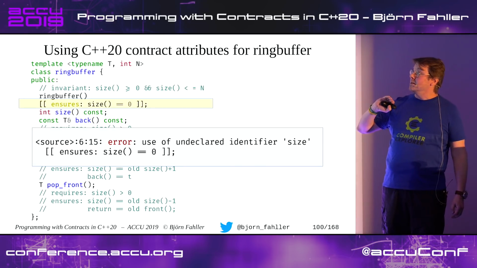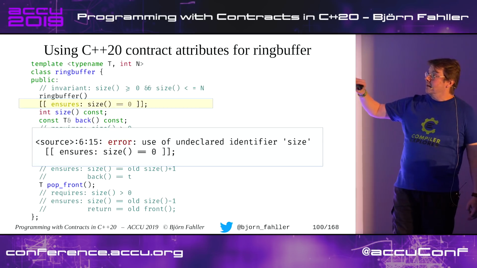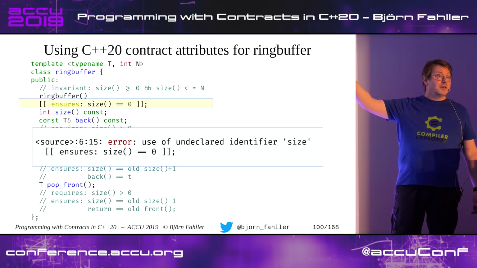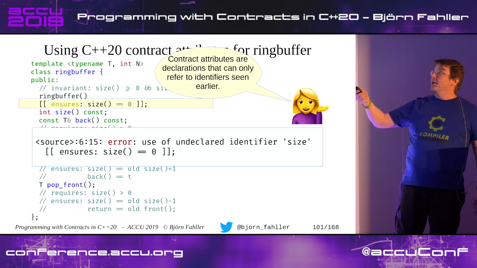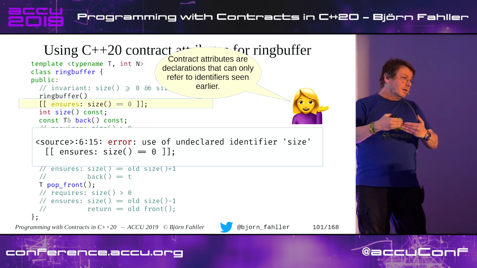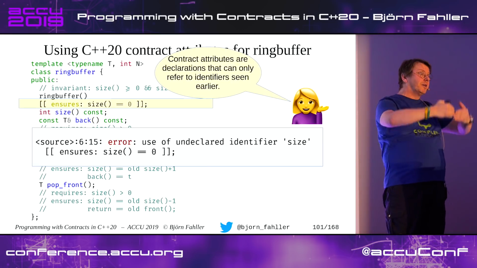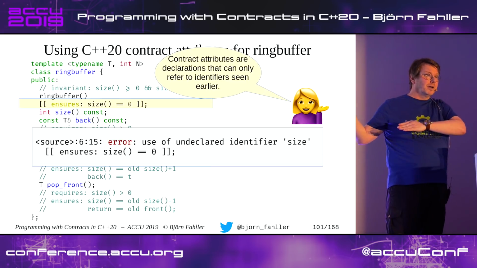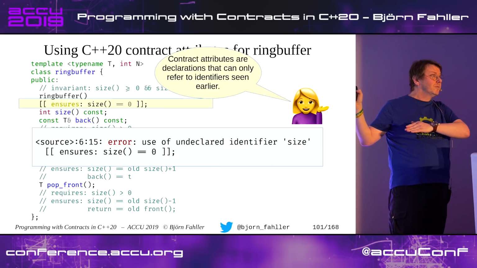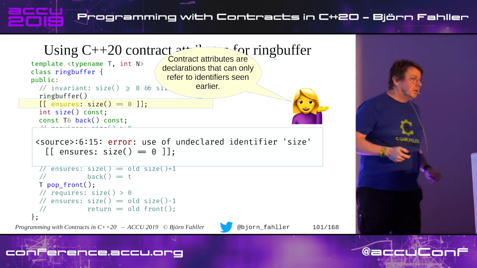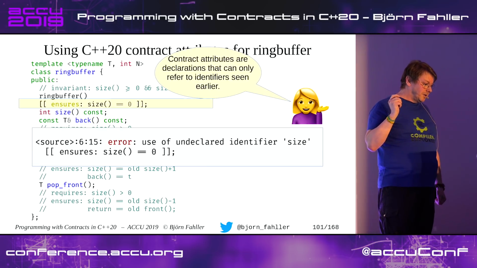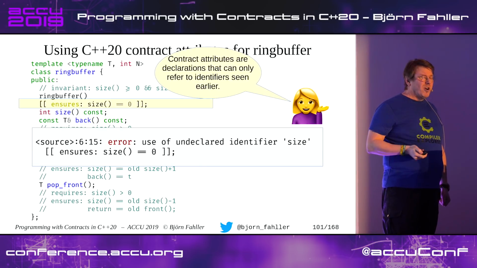And this compiler says that I cannot call size here because I haven't seen size yet. So contract attributes are declarations that can only refer to what has been seen earlier. I sincerely hope I have misunderstood this and that this is a bug in the proof of concept implementation, but I'm really not sure. If this is the way it is actually specified, I find it to be annoying. Not super problematic, but annoying.